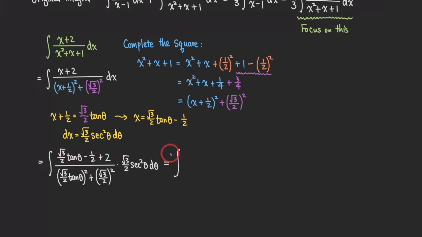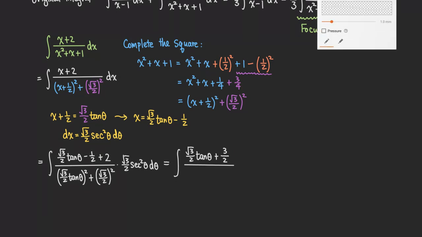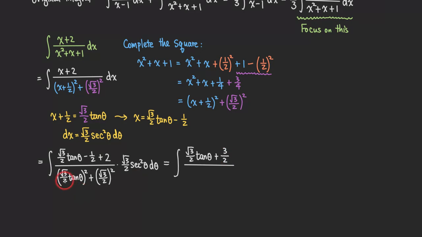Okay, so what do we have here? We can simplify the top, which would give us the radical 3 over 2 tangent theta, right? And then plus this thing right here, 2 minus 1/2. So you are going to get 3 over 2. Now, what about the denominator here?